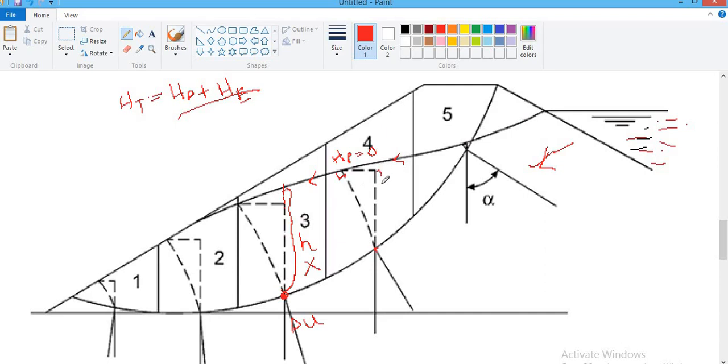Let's say at this point there is an elevation difference, delta H. What happens is an elevation drop, a reduction of elevation, delta H E. As a result, the effect of water is there at this point.